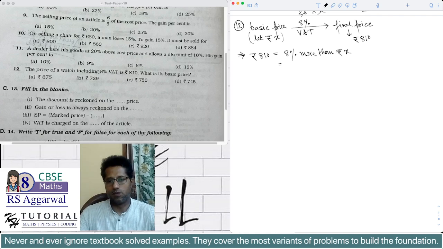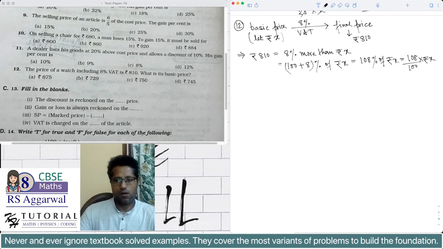So this equals 8% more, means 100 plus 8% of rupees X. This is equal to 108% of rupees X, which is 108 divided by 100 multiplied by rupees X. So 810 must be equal to 108 divided by 100 multiplied by X. This is a linear equation in X. If we solve for X, we get X is equal to 100 multiplied by 810 divided by 108.